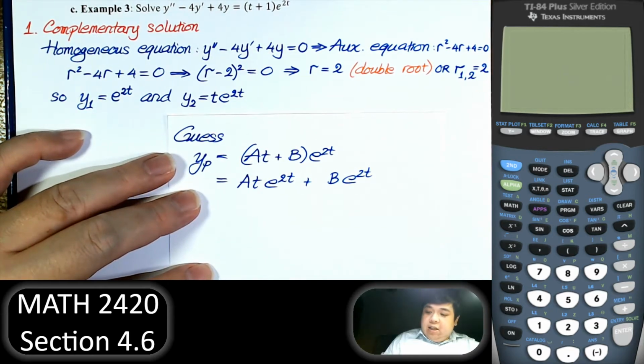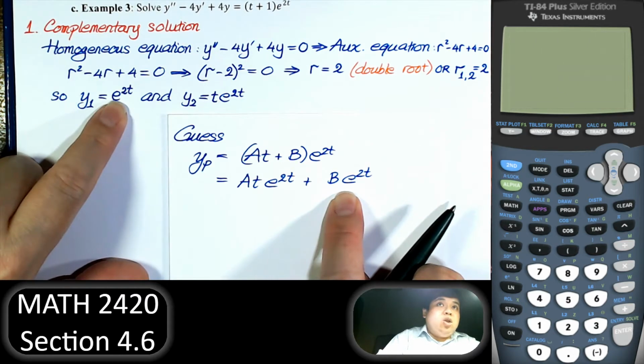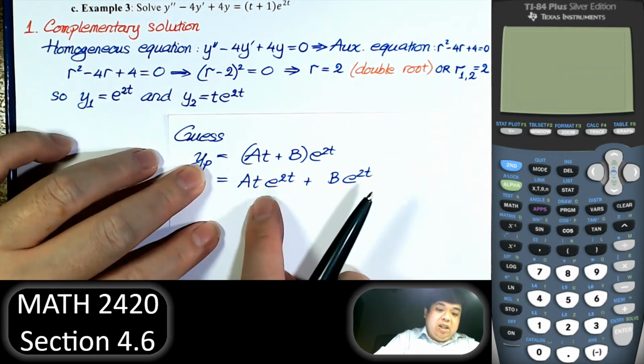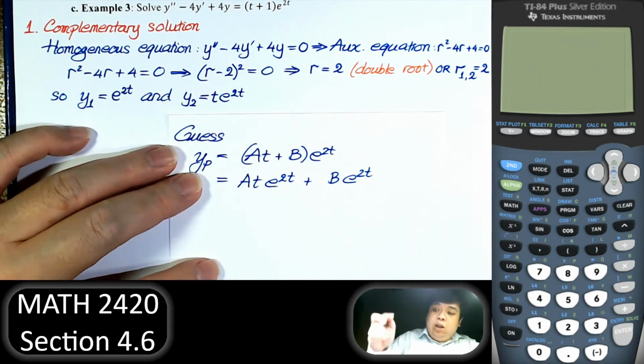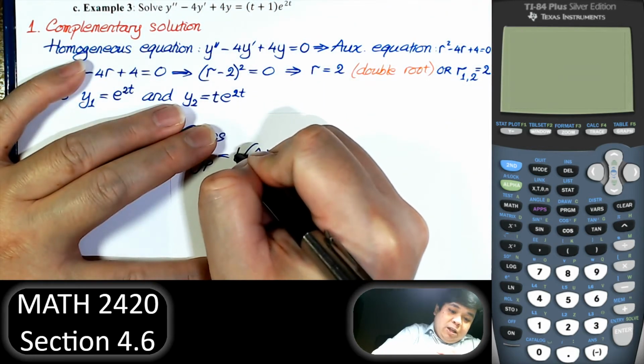If I guess that, this solution is exactly the same as that, so it's not good, right? Because I have e to the 2t, e to the 2t, and t e to the 2t, exactly the same. So I have to multiply by t here.